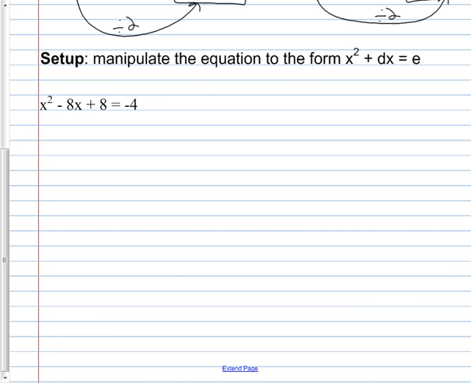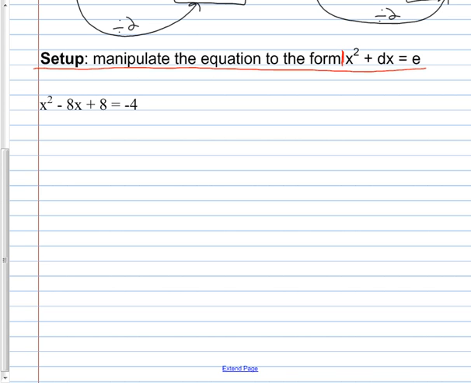So let's look at this example here. Note that the setup before we start completing the square is we need to manipulate the equation to the form x squared plus dx equals e. Now the d and the e just mean there can be coefficients in front of the x, and we'll just equal a number. The big thing is that we can only have one x squared. So the x squared can't have a coefficient.